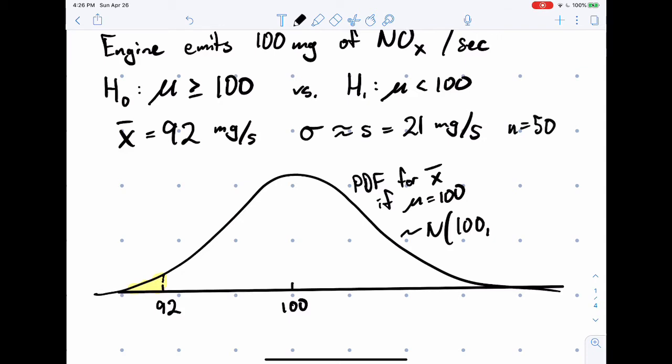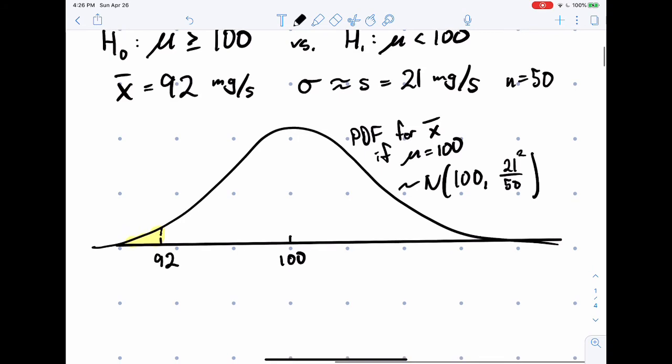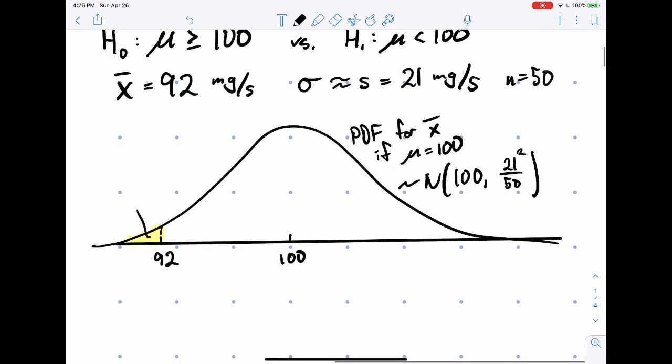So the distribution under the null hypothesis has mean 100 and variance 21 squared over 50. Okay, so now we just need to find the area to the left-hand side, and that will be the p-value.